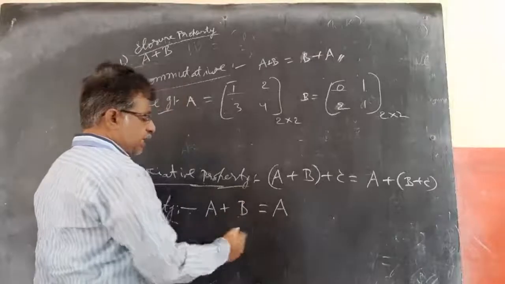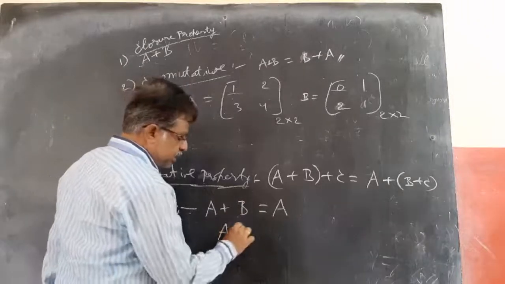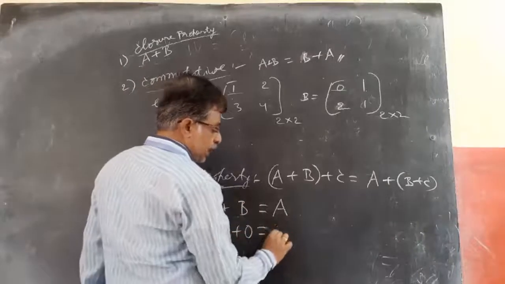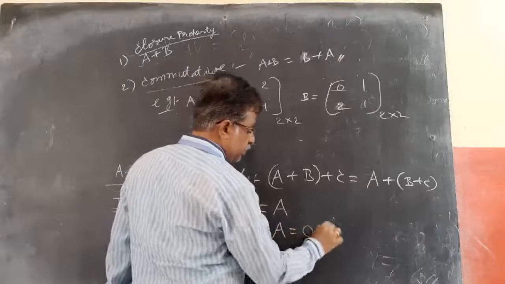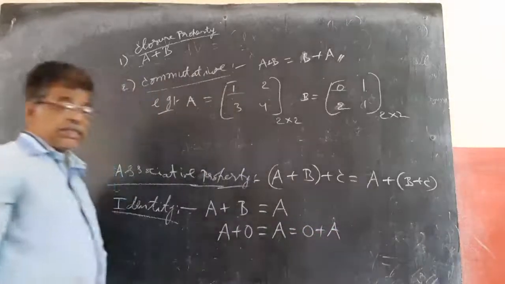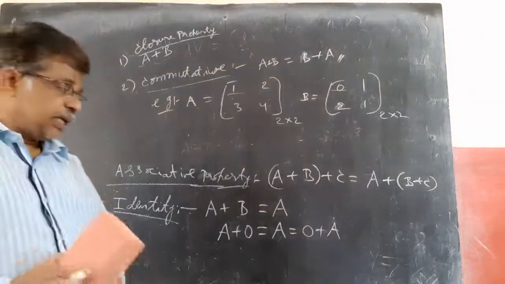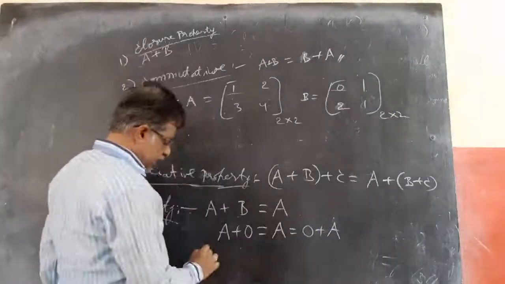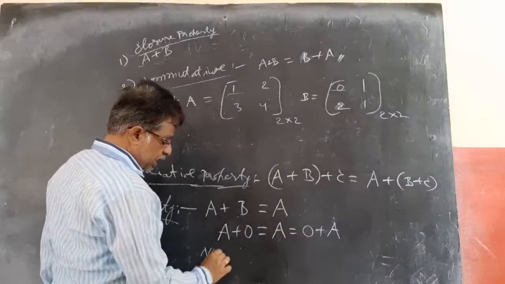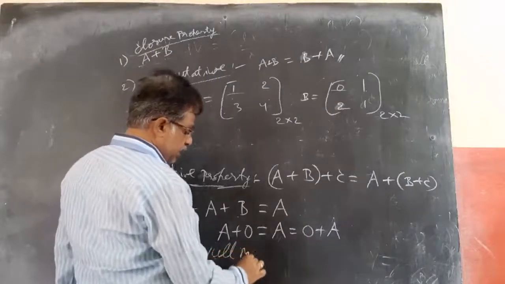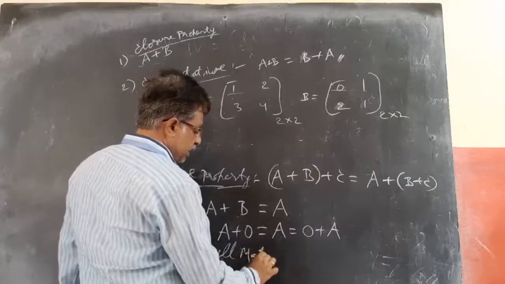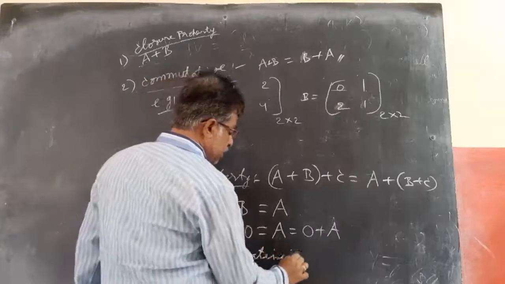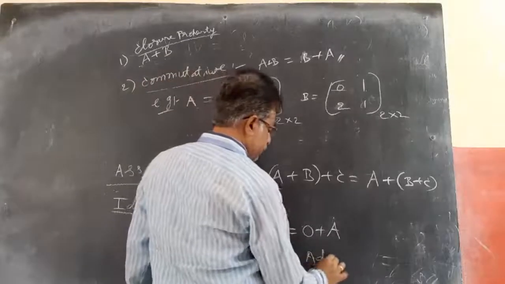What is additive identity in matrix? A plus 0 always gives you A, and also 0 plus A. So this is called as identity property. So 0 is additive identity. A null matrix, 0 matrix or null matrix is additive identity.